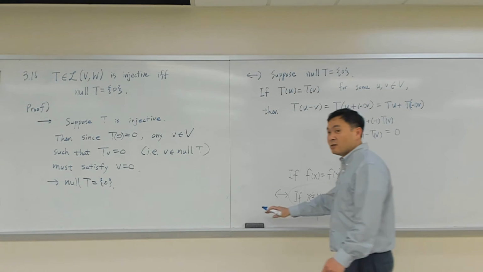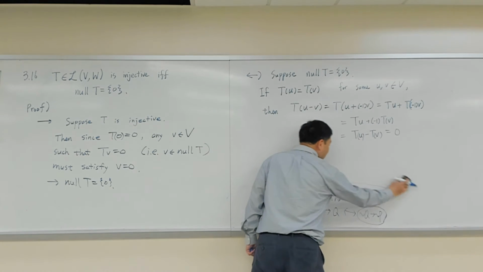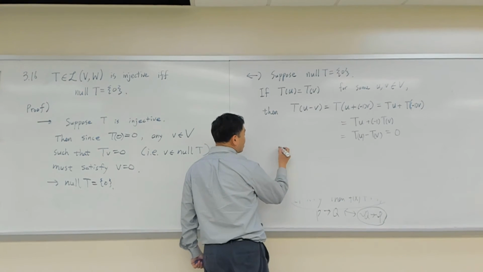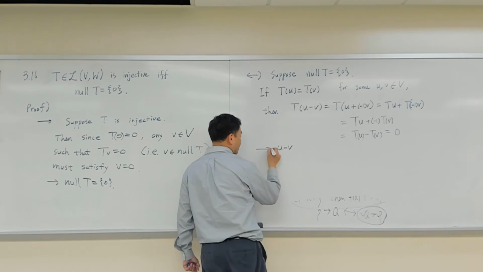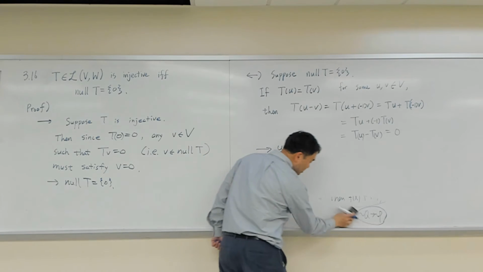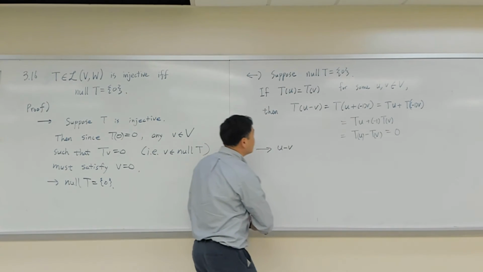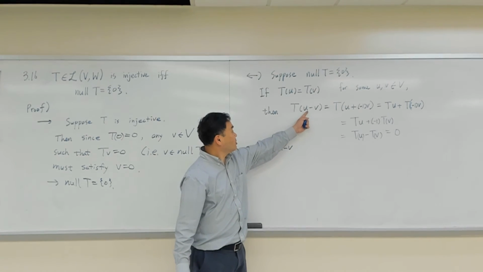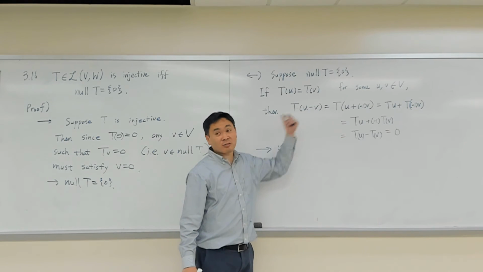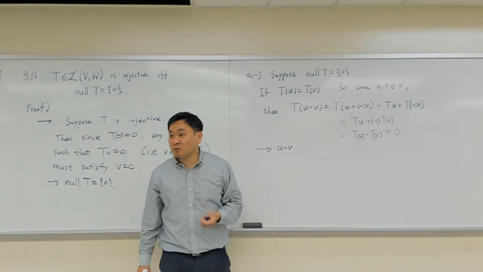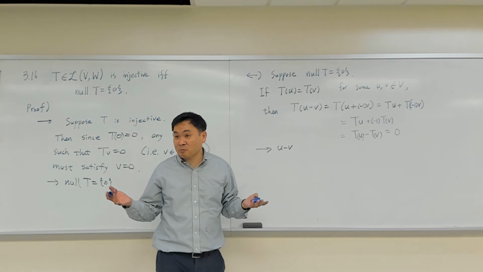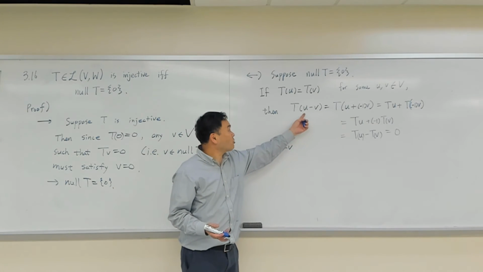Okay. Therefore, what do we know about u minus v? If you apply T and you got 0, that vector must be in the null space. That's the definition of the null space, right? Null space is the collection of all such vectors.